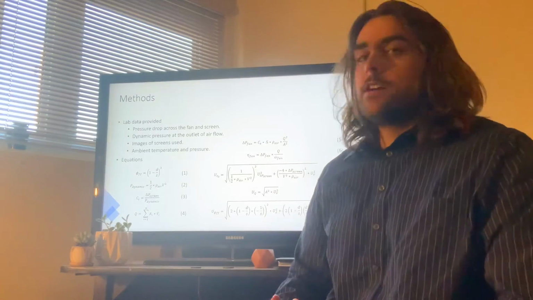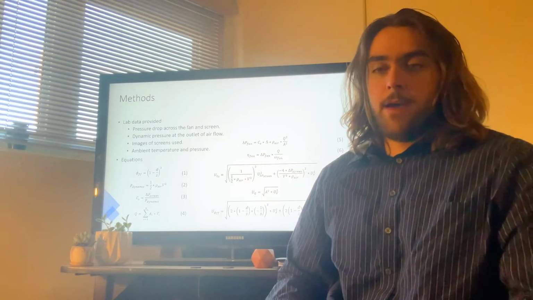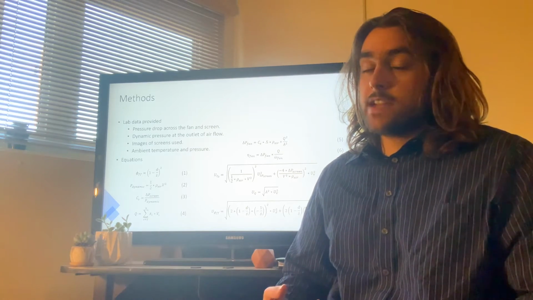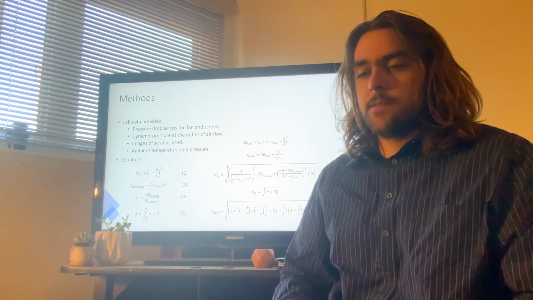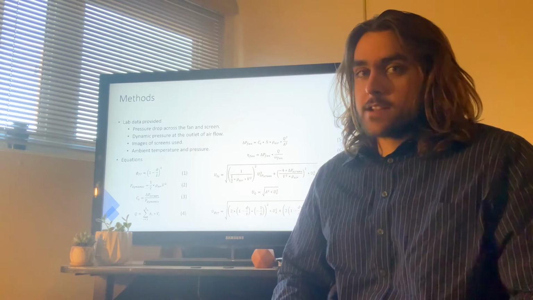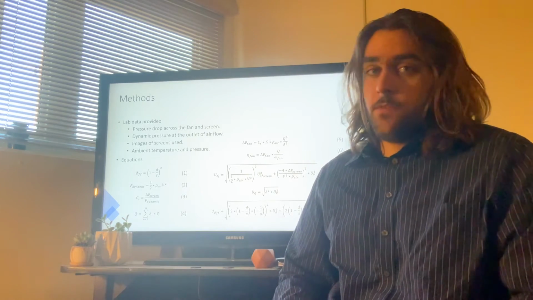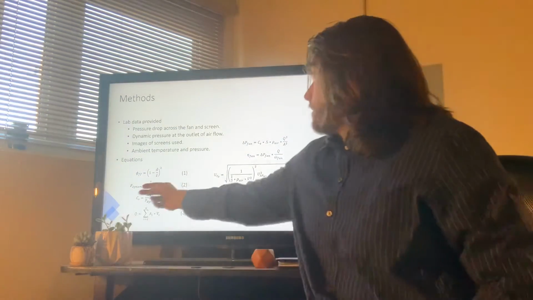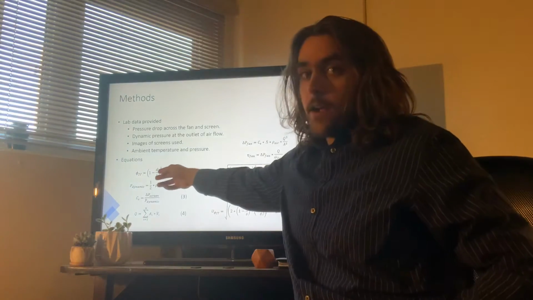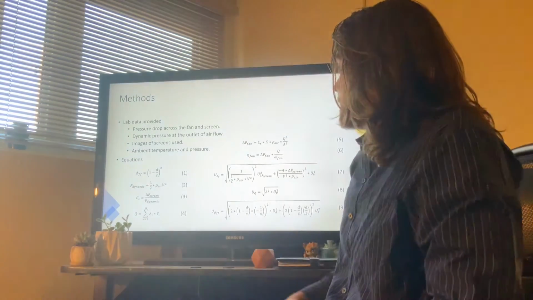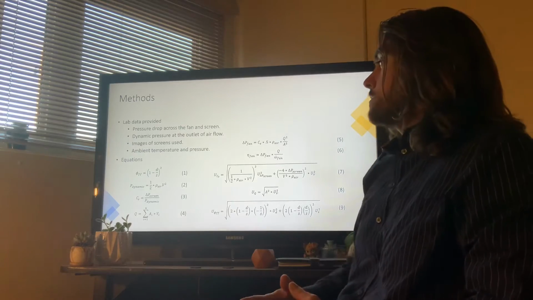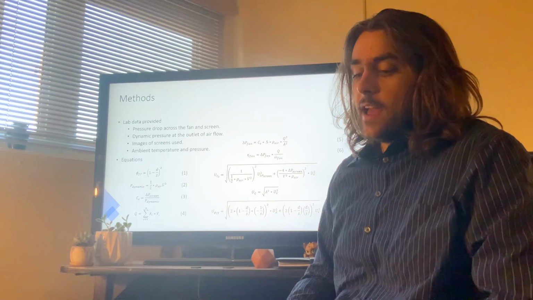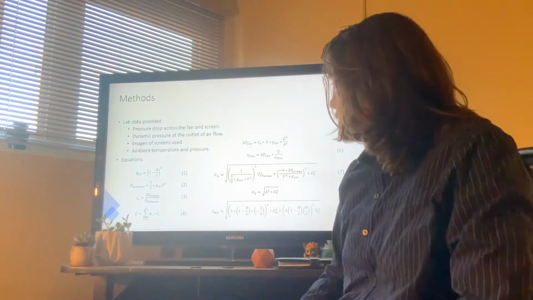Specifically, the pressure drop across the mesh, the pressure rise caused by the fan, and the dynamic pressure at the outlet of the duct were all collected, as well as ambient conditions and the aforementioned images. Using those images, the values to calculate the free flow area were found, and the rest of these equations were used in varying degrees throughout the rest of the presentation and for the deliverables that come after.